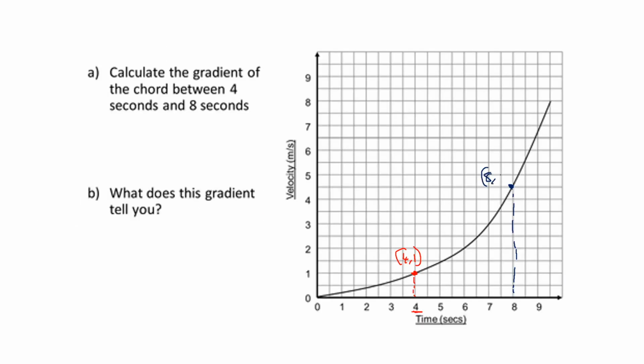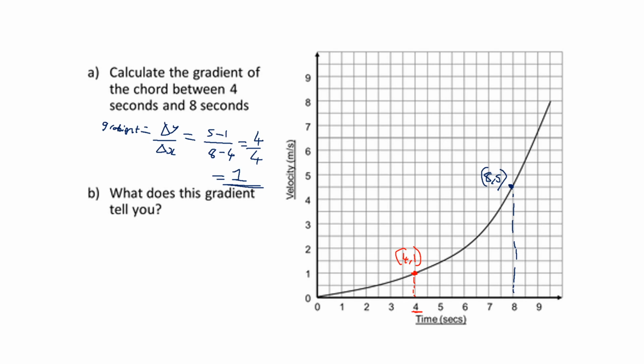So this is (8, 5). So the gradient is just going to be change in y over change in x, which is the same as 5 minus 1 all over 8 minus 4, which is 4 over 4, and that's equal to 1.